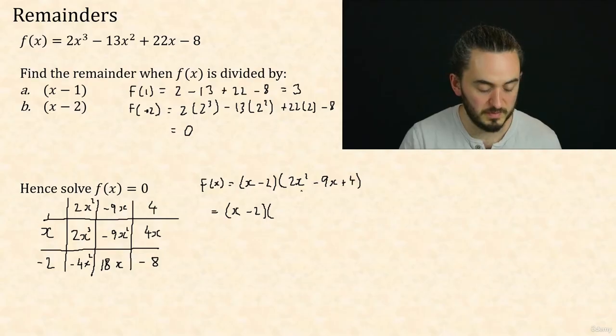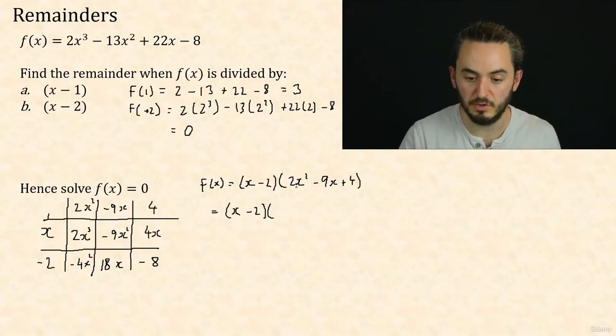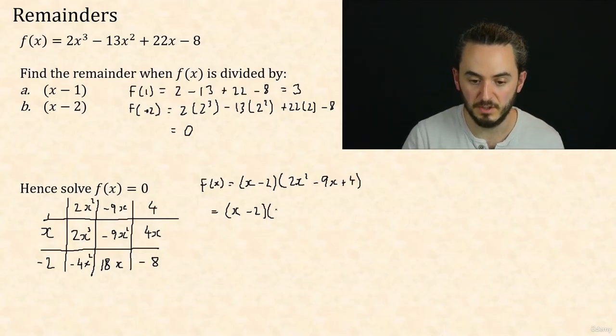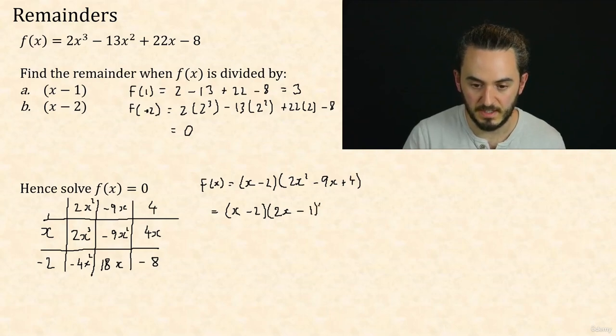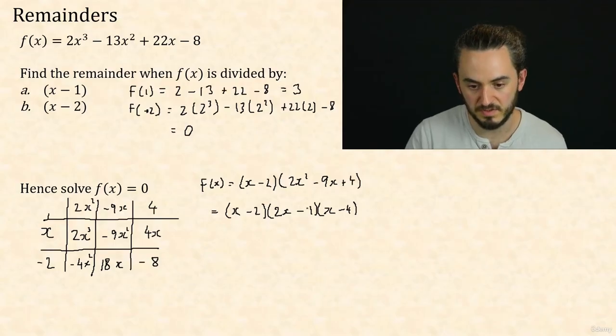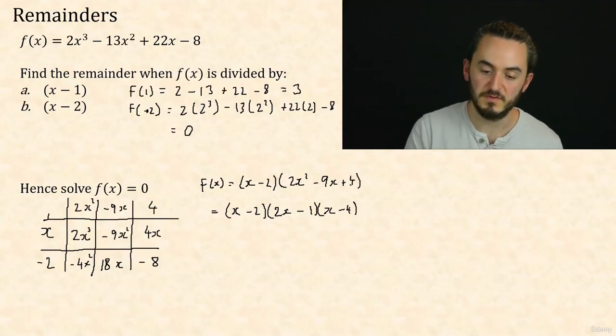To be honest, you don't actually have to factorise it. You could just use the quadratic formula to solve this. That's no problem either. So that's going to be 2x minus 1 and x minus 4, because minus x minus 8x gives me that, and minus 1 times minus 4 is 4.